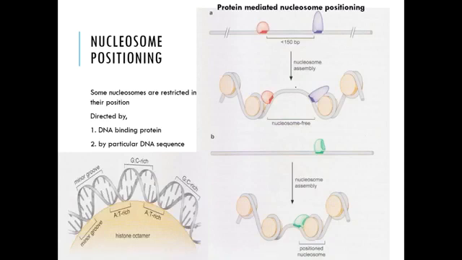The minor grooves seen towards the histones are AT-rich, and the GC-rich regions are seen away from the histone octamers. So these are the two mechanisms by which nucleosome positioning is mediated.